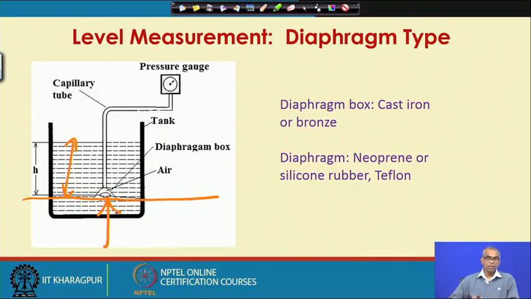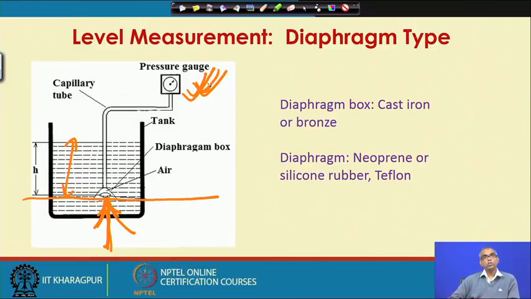So, as the liquid level changes, the pressure gauge will also show a different reading. As the liquid level increases, the pressure increases, so an increased pressure will be shown by the meter. As the liquid level decreases, the pressure on the diaphragm decreases, and a decreased reading will be shown by the pressure gauge.